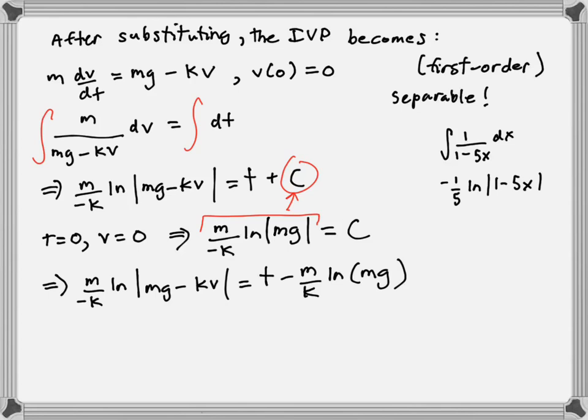Okay. Where do I go from here? Well, to go from here, I need to isolate the v, and then once I isolate the v, I'm actually going to be able to solve this. Okay? So what I'm going to do is multiply both sides here by the reciprocal of what's next to the natural log.